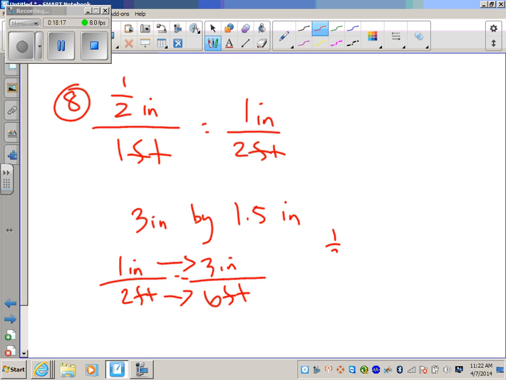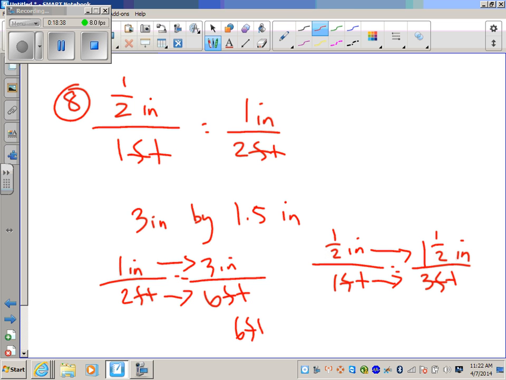Maybe use the half. How many halves in 1 1/2? 3. So 1 times 3, 3 feet. So our measurements, 6 feet by 3 feet.